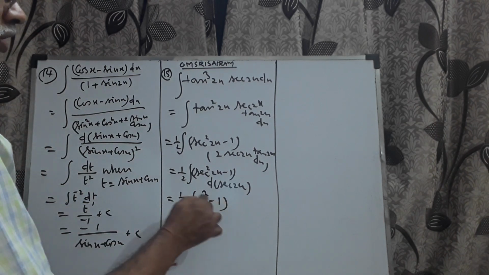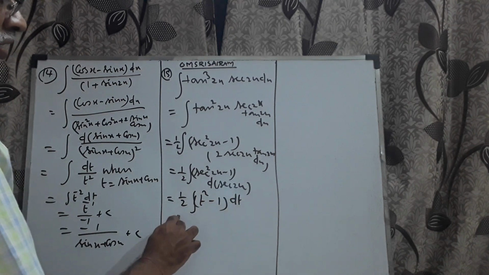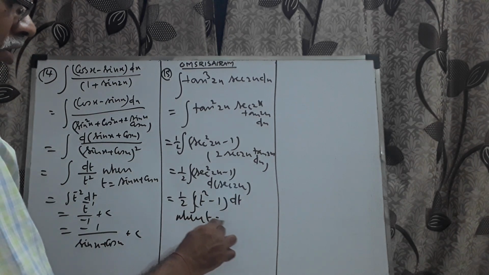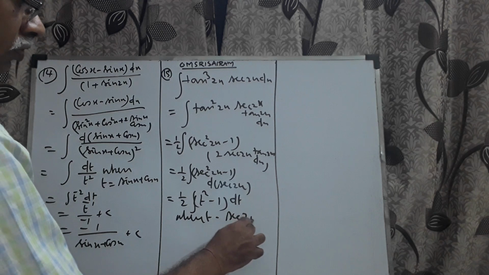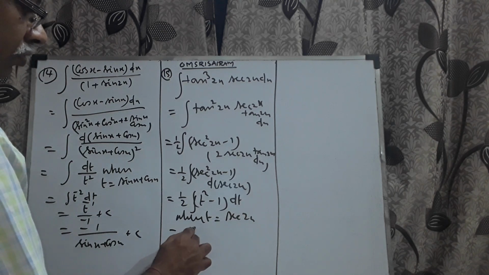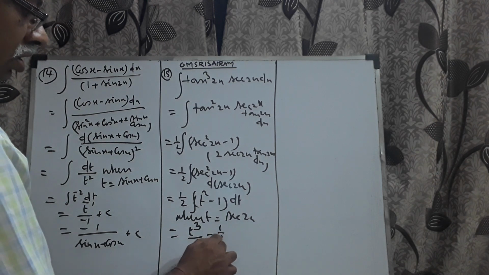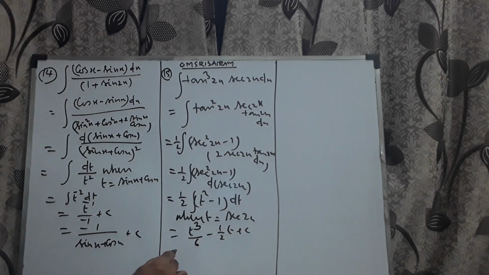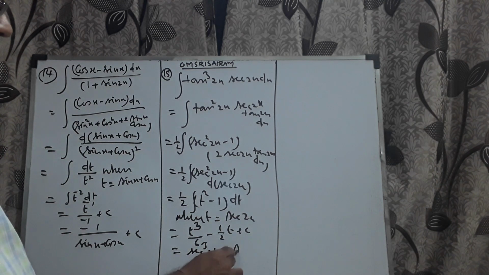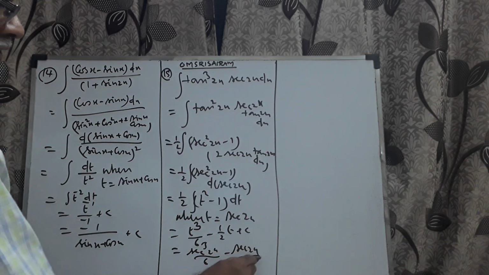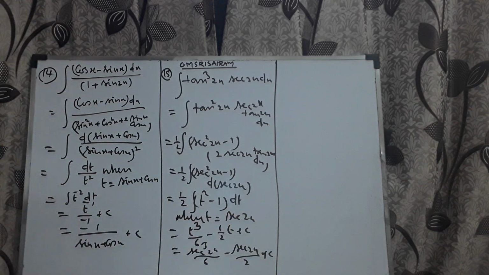This goes to the form (t square minus 1) dt, where t is secant 2x. Therefore this becomes t cube by 6 minus half t plus c, which is secant cube 2x by 6 minus secant 2x by 2 plus c.